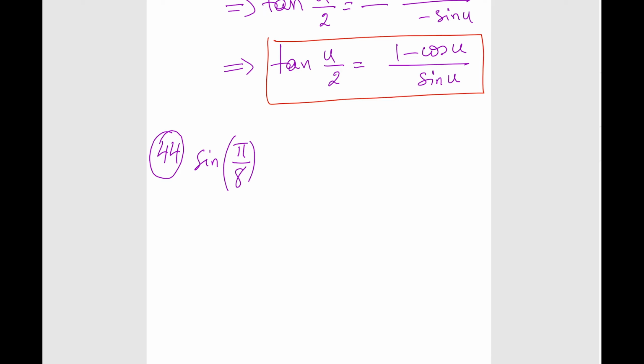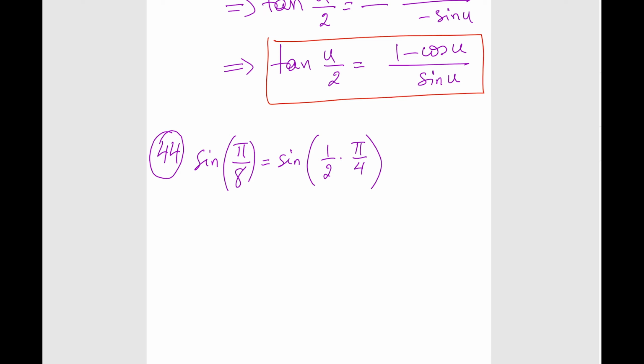They told us to just use half angle formula, but if they didn't tell us this, I hope you see that this is half of a remarkable angle. Pi over 8 is not remarkable, right? It's half of a remarkable angle, and that angle is pi over 4. Half of pi over 4 is pi over 8, correct?